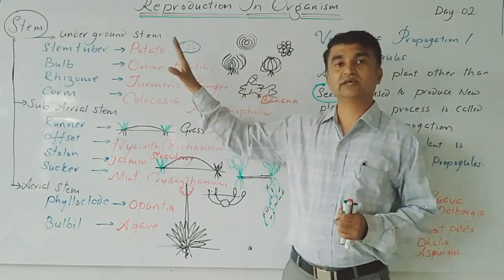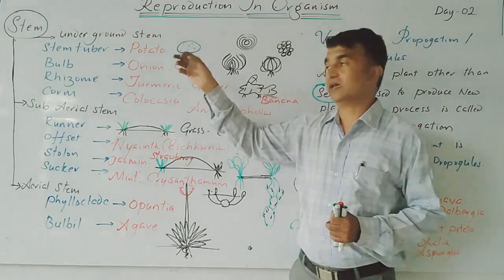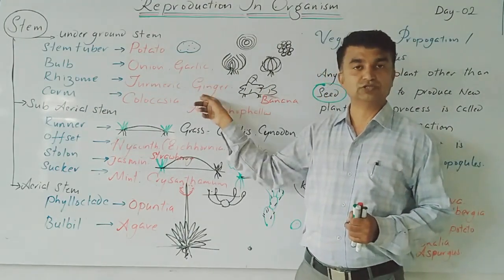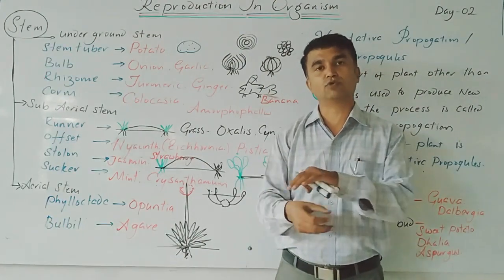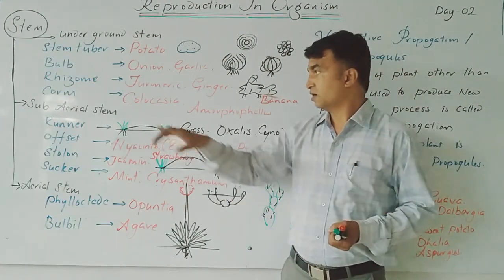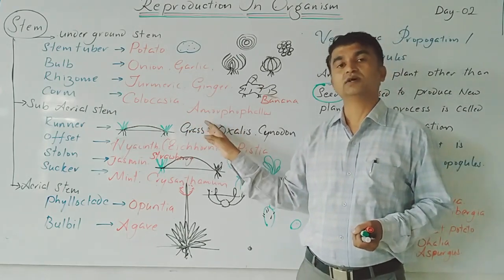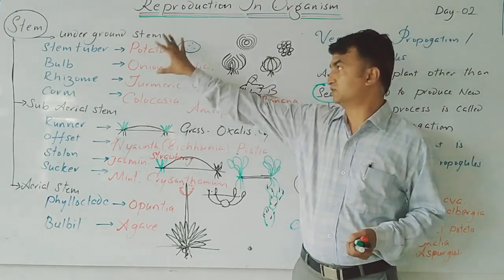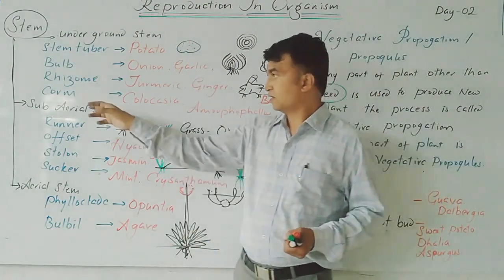Both are used as vegetative propagules. Rhizome, in this case turmeric, ginger and banana. The rhizome is the underground stem modification that grows horizontally. Next one, for example, Colocasia and Amorphophallus. So this is also underground stem modification. These are all underground stem modifications.